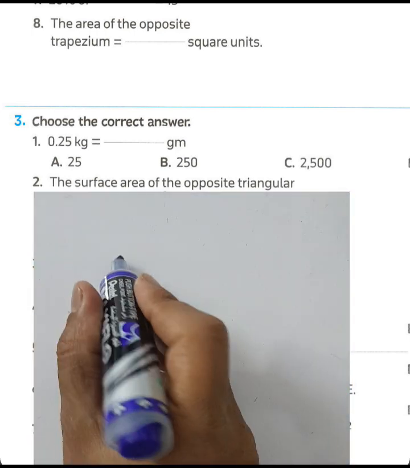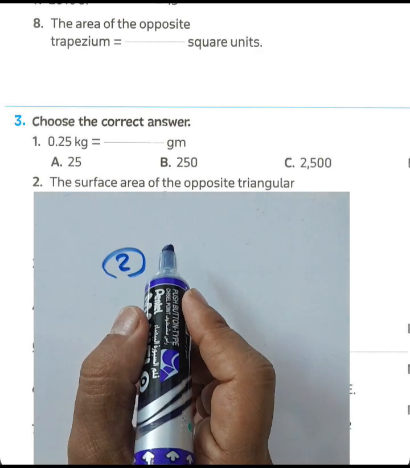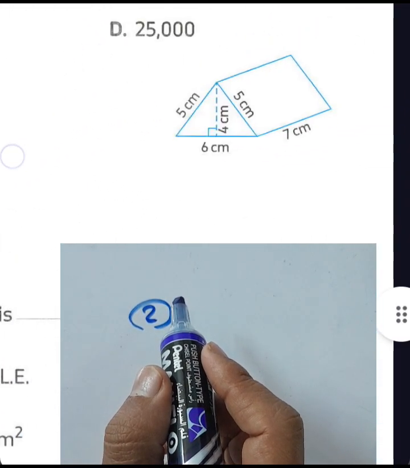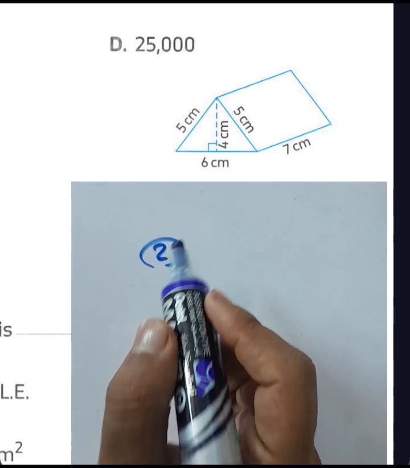Question number 2, the surface area of the opposite triangular prism, what will it be? Okay, we can factorize this figure.